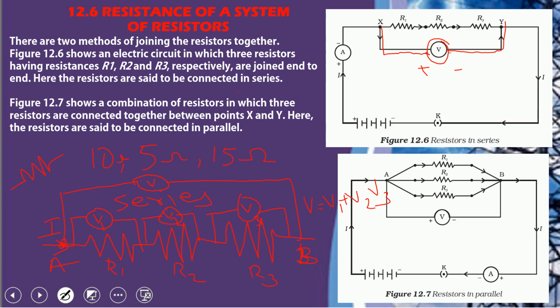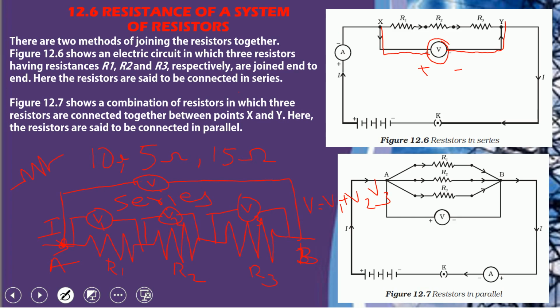V is the potential difference across the points X and Y, the extreme ends of the combination of resistors, the resultant potential difference. Through the experiment we see that V is equal to V1 plus V2 plus V3.